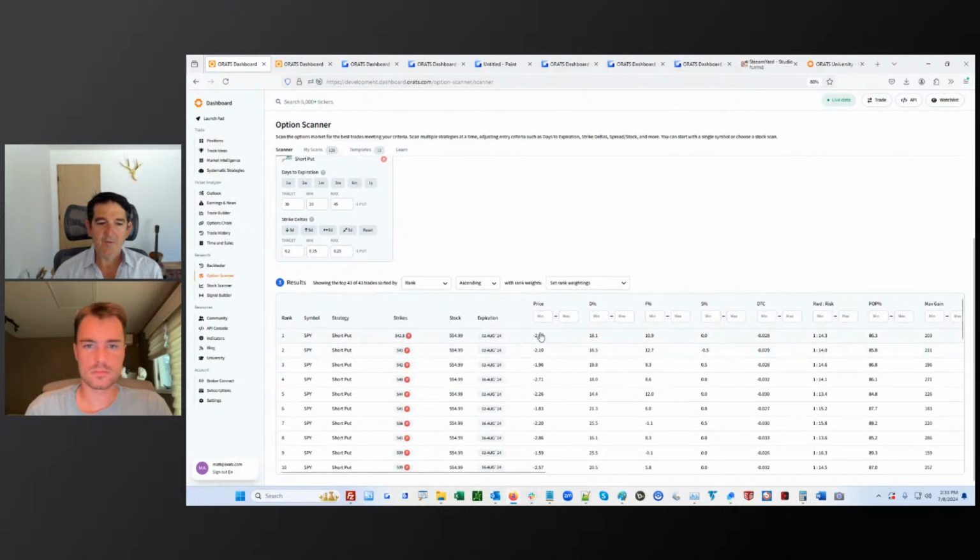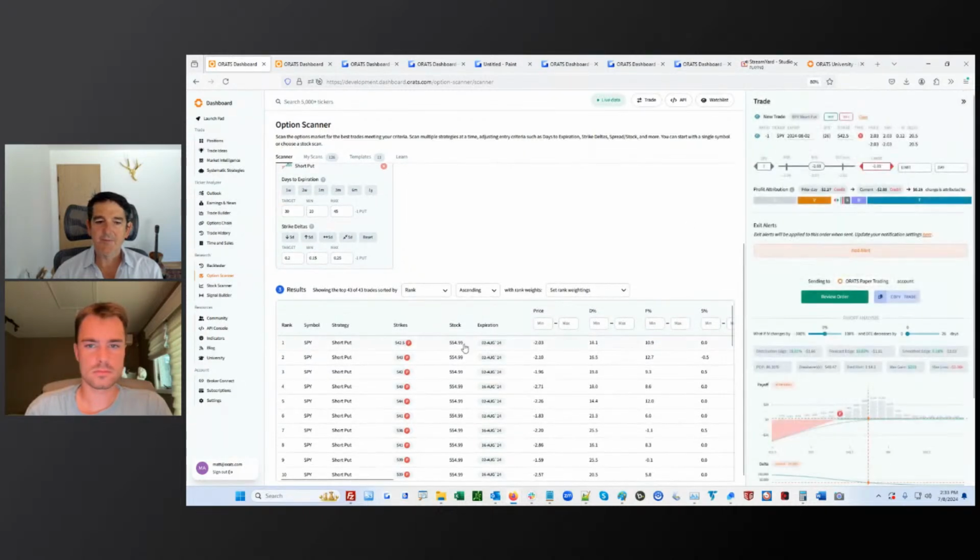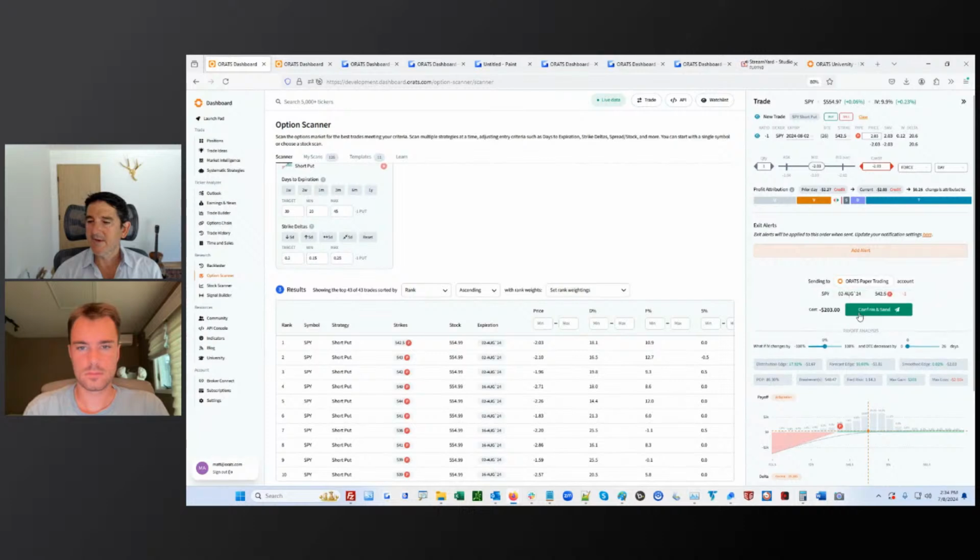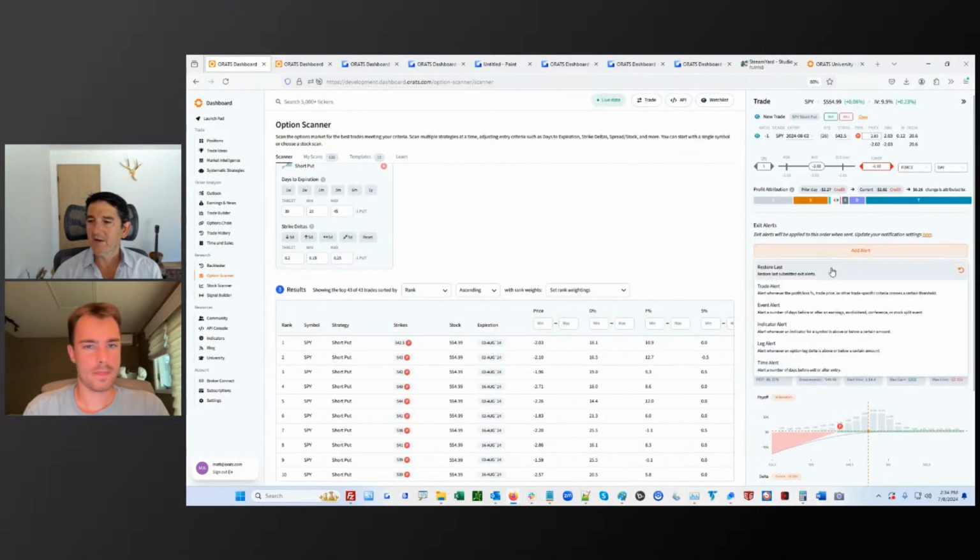All right. So yeah, here's the risk. So selling, it's a little bit fewer days, August. So the risk there is actually a little bit less, but it's unlimited as it goes down. And yeah, again, obviously very tight. We'll force it. And so what we'll do is we'll add an alert.